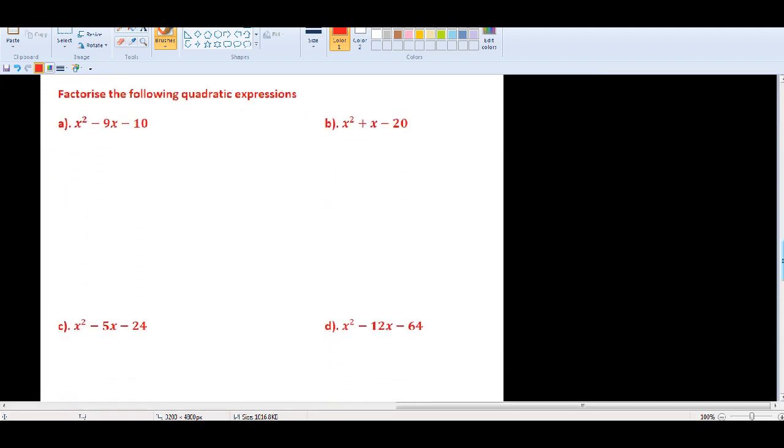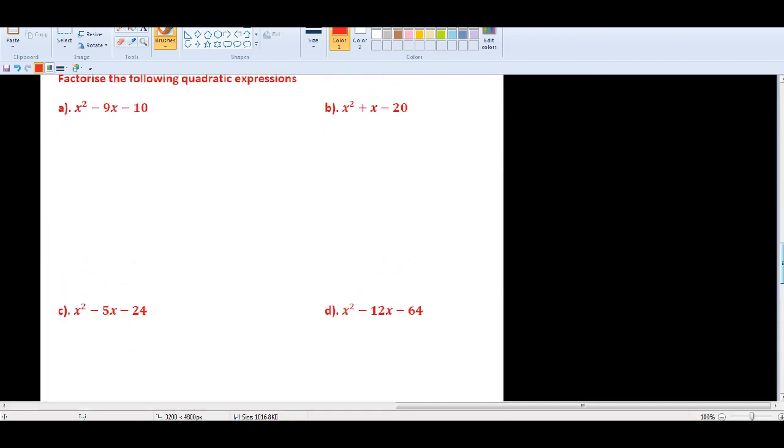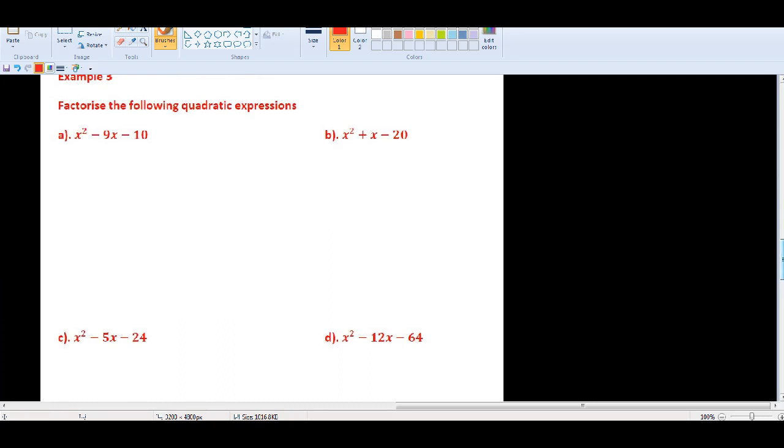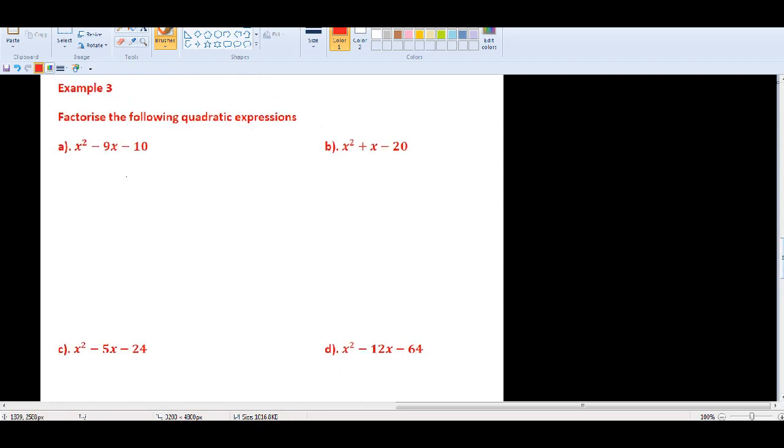So let's see this one. For all this set of questions, the last number is negative. x squared minus 9x minus 10. Let's think about minus 10. Remember it's minus 10, so you must have one positive and one negative, right?